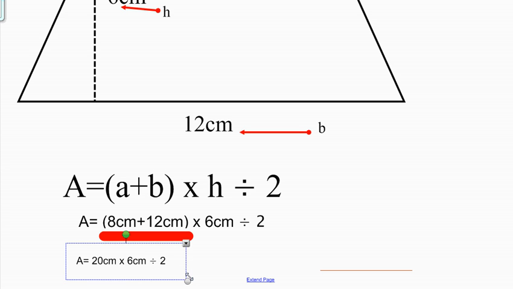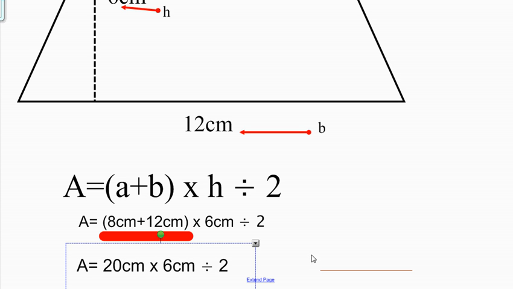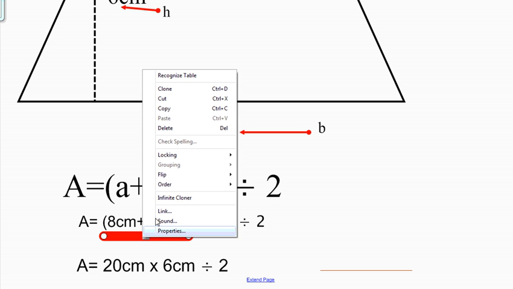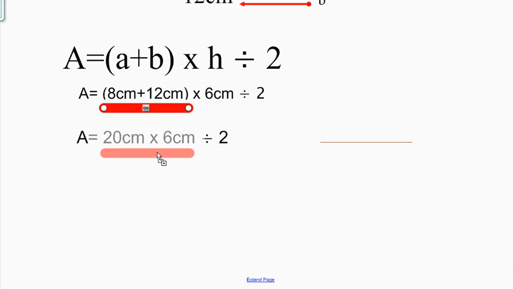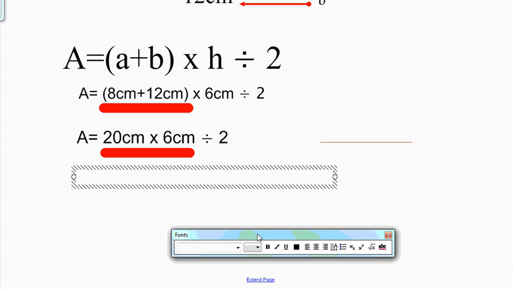Area equals this. Our next thing is that we're going to do 20 times 6 before we divide by 2. Remember, BEDMAS tells us when there's multiplication and division, no matter what order they're in, we go left to right. So in this case, area equals 20 times 6, which is 120 centimeters.